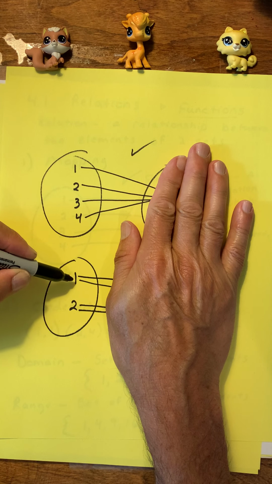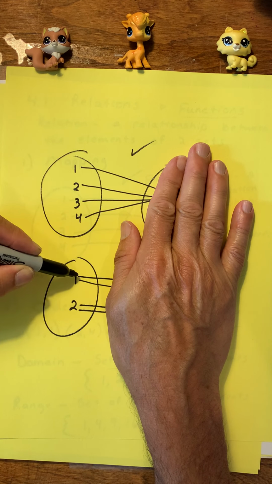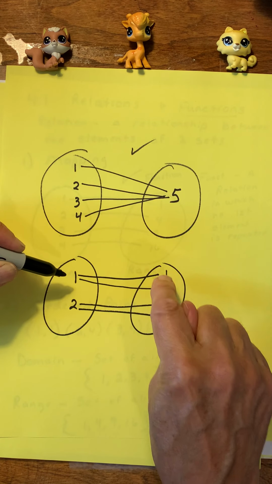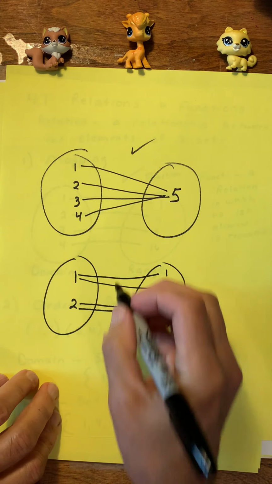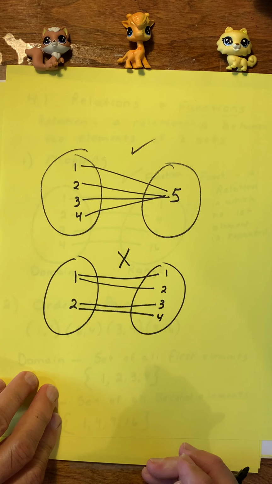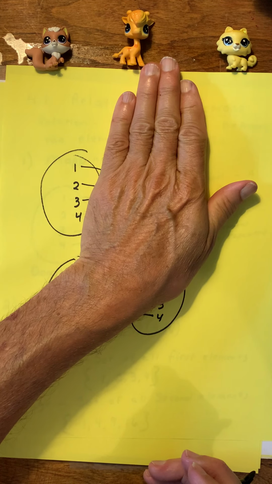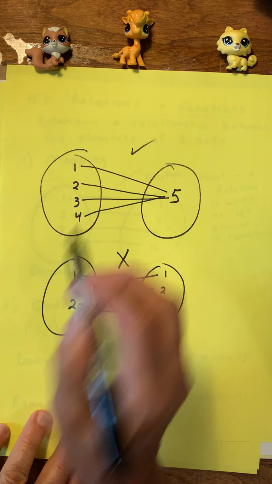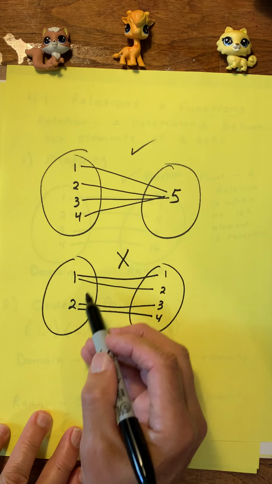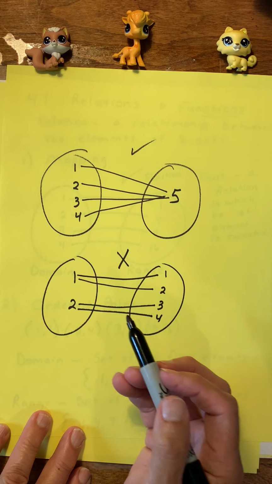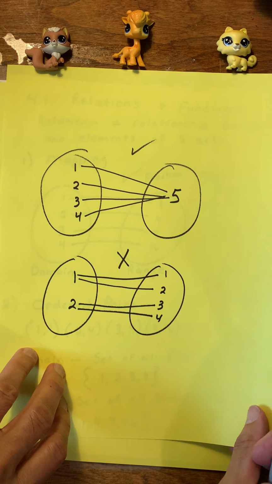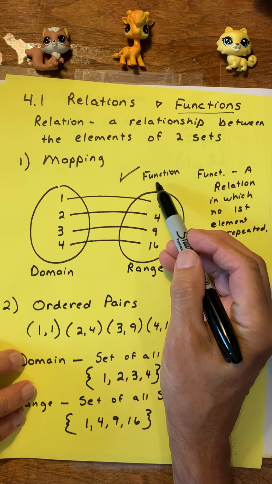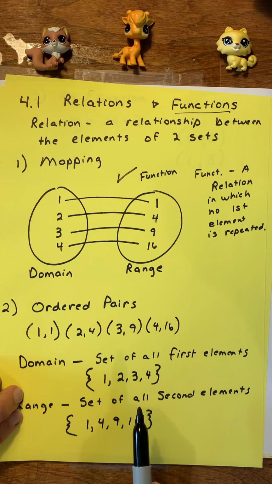No. Here's a problem. 2 lines of relationship. One is related to more than one thing in the range. So this is not a function. Check your elements in the first set. If there's only one line of relationship, it's a function. If there's more than one from one of the elements, just one of the elements, it's not a function. So that's how I determine if a mapping is or is not a function.